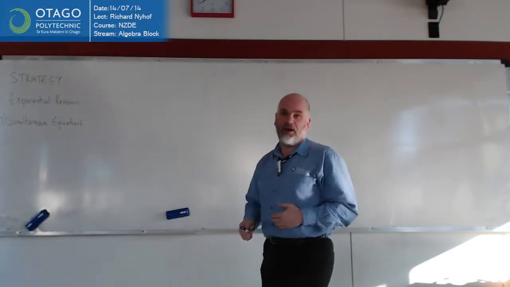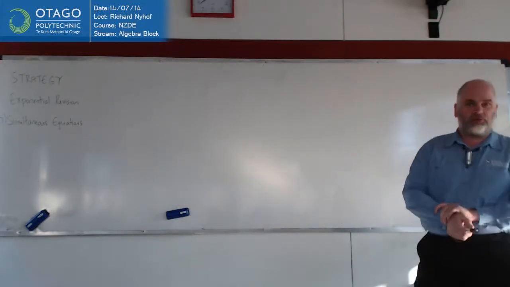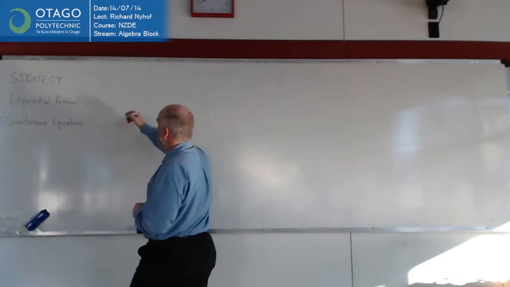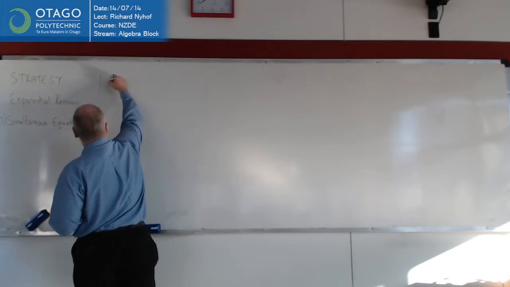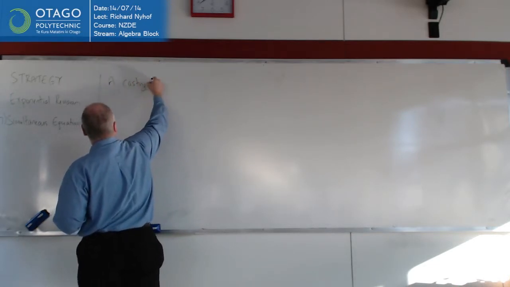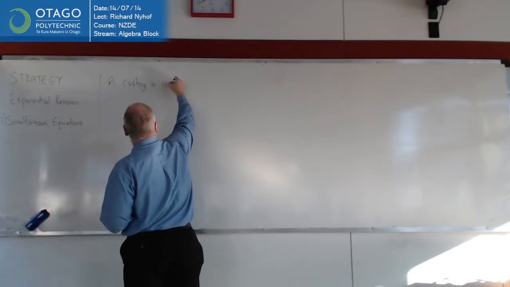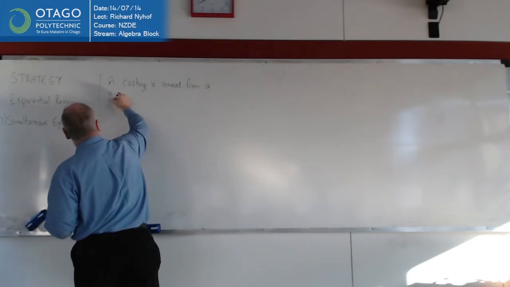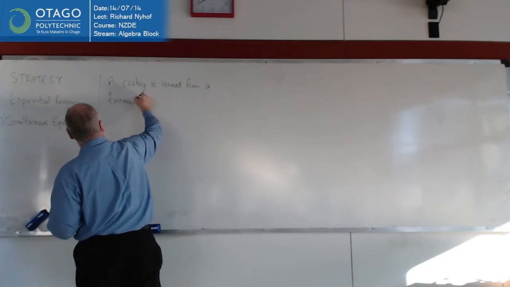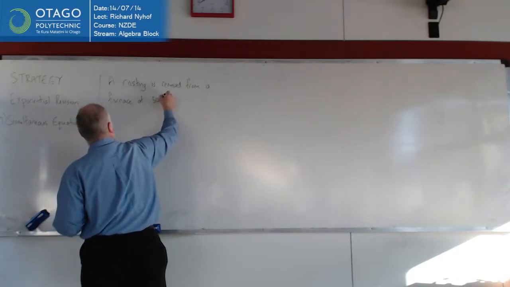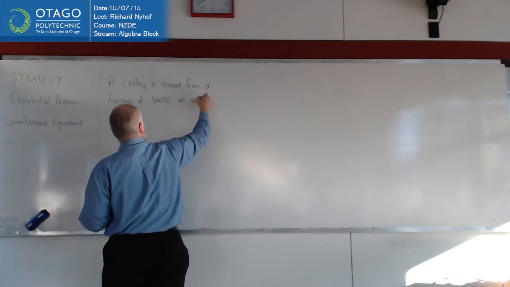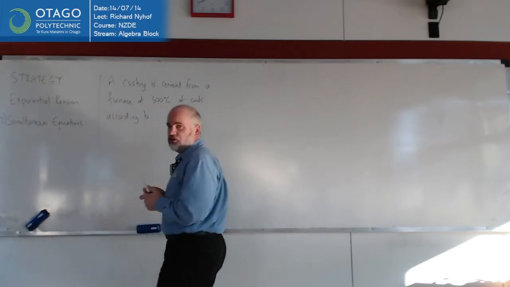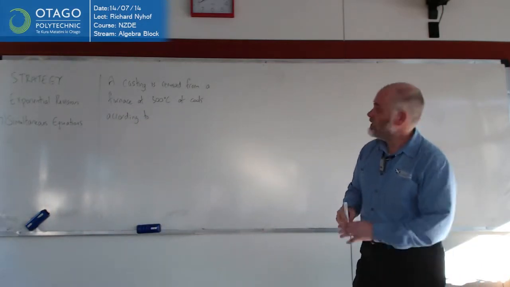Right, so we're going to start with a revision question on exponential functions. So let's do a real world type example. Let's think about a casting that is removed from a furnace at, let's go for 300 degrees Celsius, and cools according to, and we'll make up a formula.